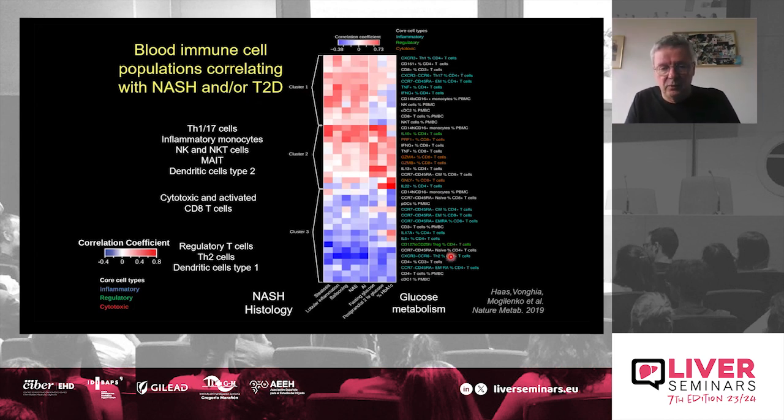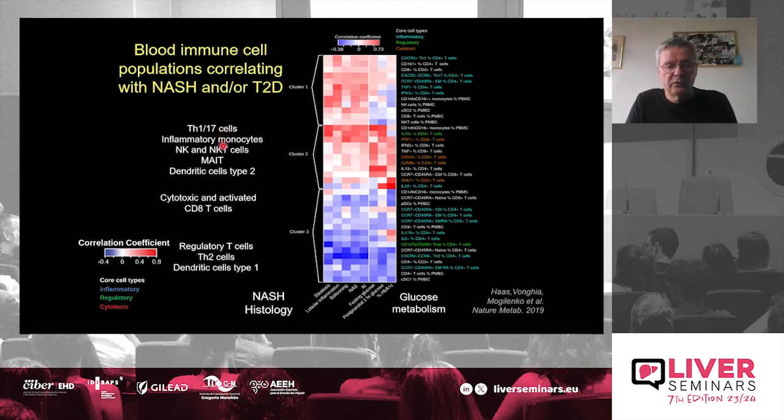What's interesting is that we found a number of inflammatory cell types that clearly associate with histological stages of NASH, as you see here on the bottom. And some of them also correlated with parameters of glucose metabolism, but not all. And so if we look at the circulating immune cell populations, we find a number of cells that we expected, based on literature, such as inflammatory monocytes and Th1 and Th17 cells.